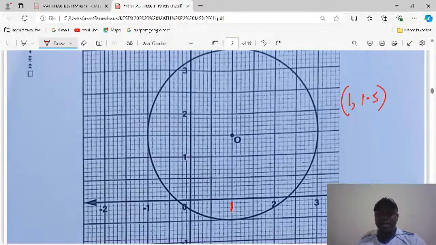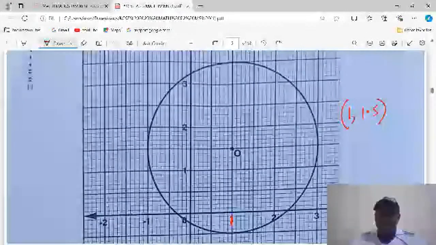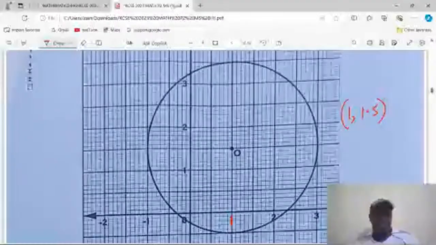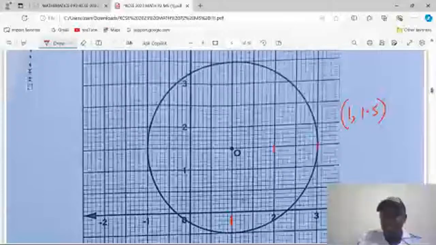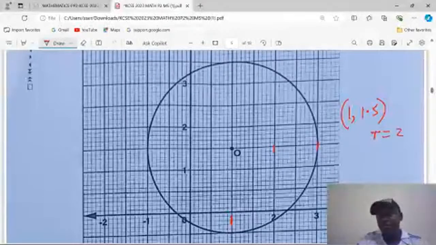Then we have the radius now, which will be the length from the center to the circumference. And we can see that according to the scale, we will have 1 unit, 2 units. Therefore, the radius is going to be 2.